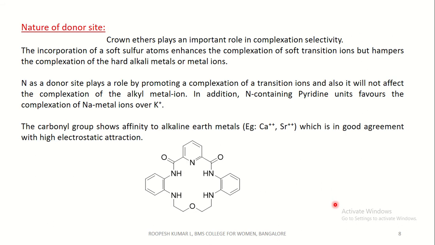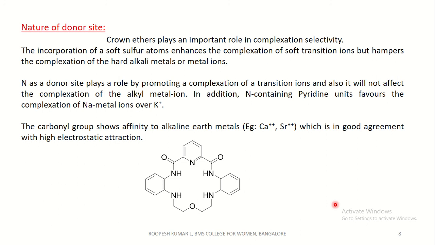And coming to the nature of the donor site, it plays an important role in complexation selectivity, that is, in the interaction with the metal cations, as it depends upon the cavity diameter, as I showed in the previous table.